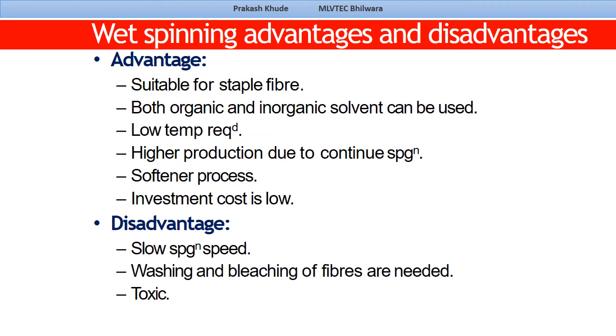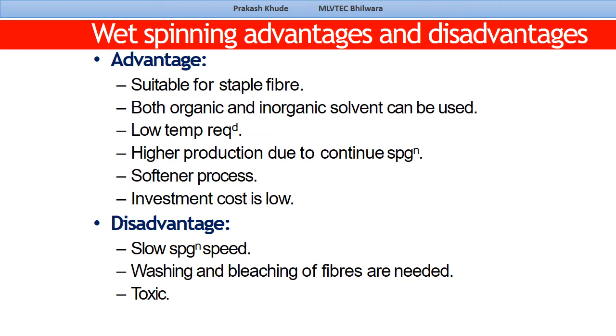Wet spinning system is suitable for staple fiber, and both organic and inorganic solvents can be used. Here a low temperature is required. In dry spinning systems, we require a high temperature, or you can say hot air we are supplying. Here high production is possible due to continuous spinning.